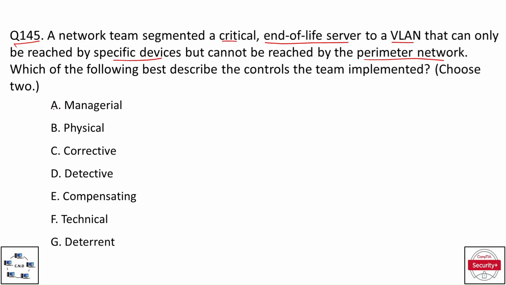Choose two options, and the options are option A, managerial, option B, physical, option C, corrective, option D, detective, option E, compensating, option F, technical, and option G, deterrent. And the correct options are option E, compensating, and option F, technical.